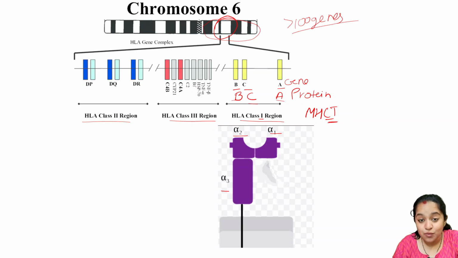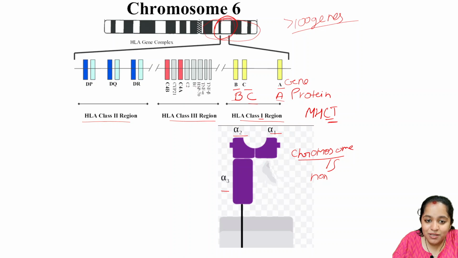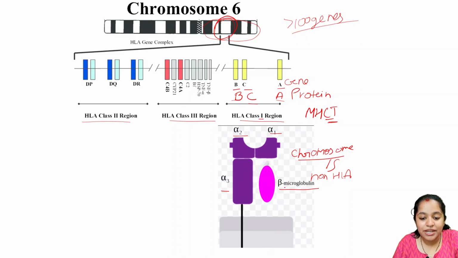So your chromosome 15 has some genes. Every chromosome has genes, right? Chromosome 15 has non-MHC genes, because MHC genes are only present on this part of chromosome 6. So chromosome 15 has a non-HLA gene which forms beta-2 microglobulin.